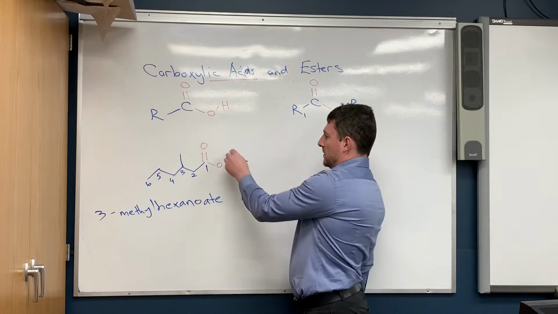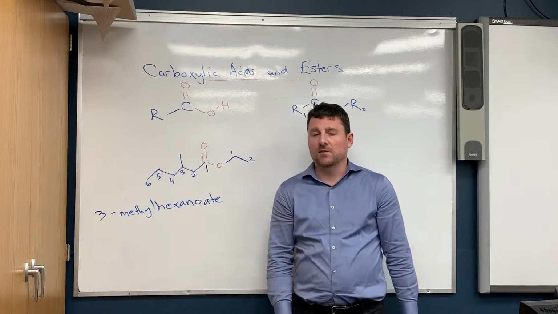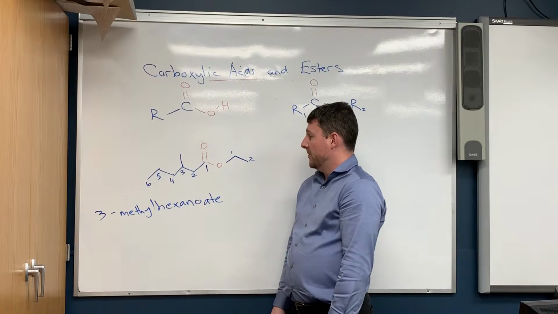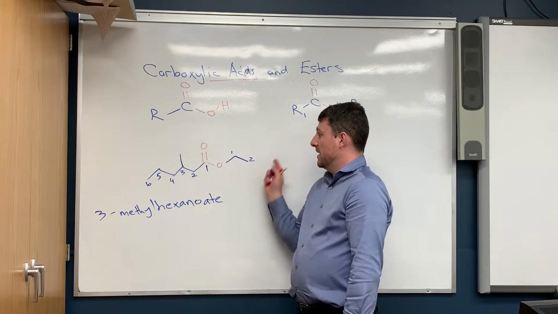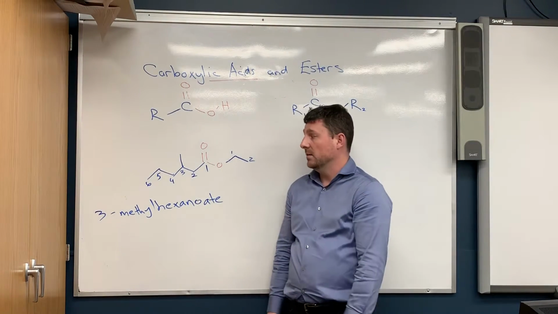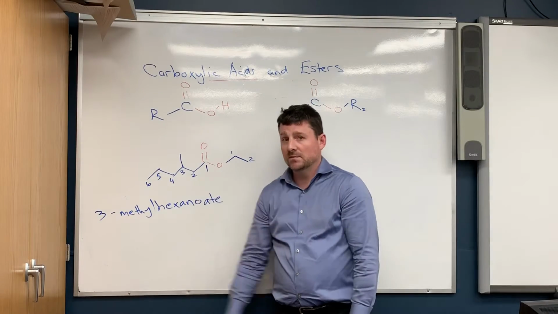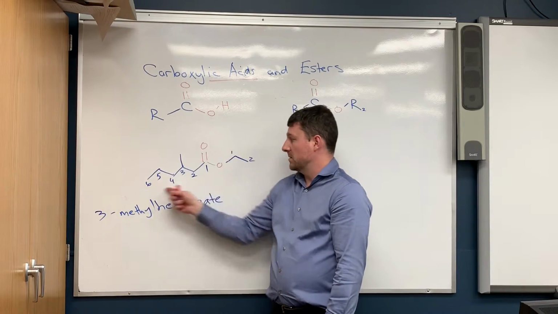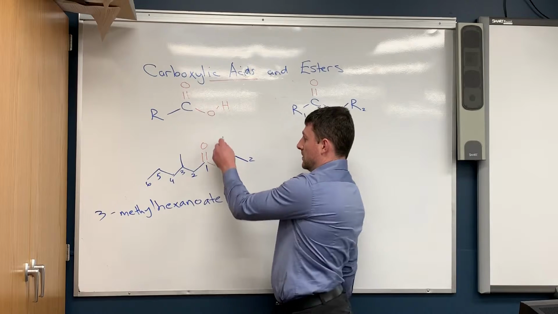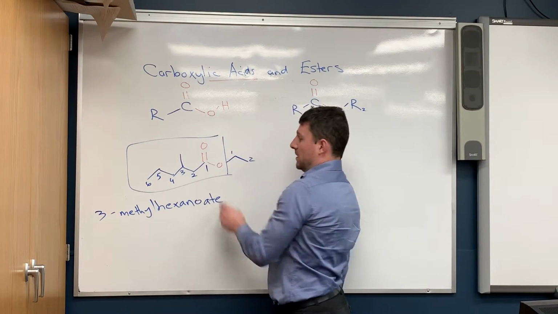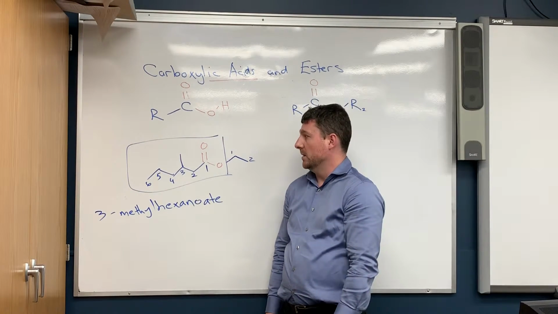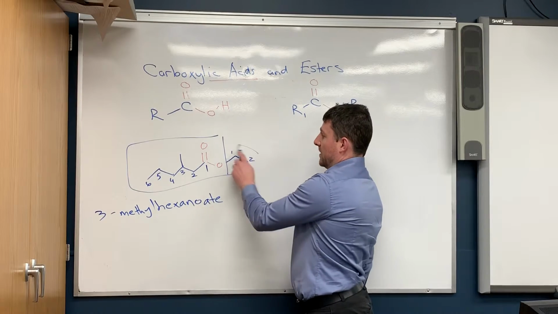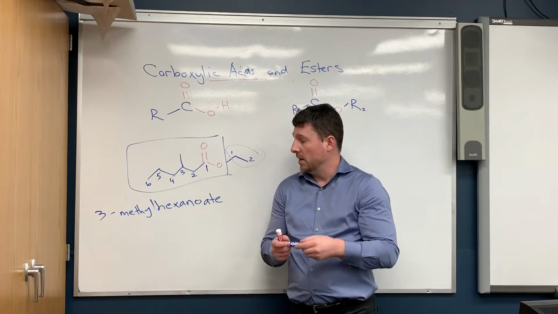In this case, it's an ethyl carbon chain. Then all we do is add the name of the carbon chain to the beginning of the conjugate base. So our conjugate base here is still 3-methyl hexanoate, and all we're going to do is add the name ethyl to the front of it.